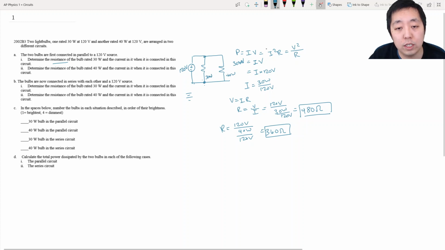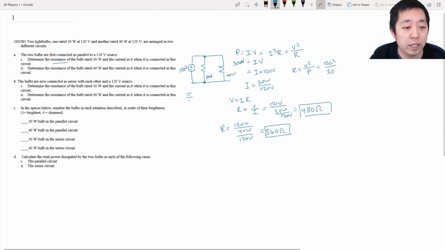Because I don't know the current initially in the problem, you could just say R is equal to V squared over P, because I know the voltage across the resistor. So it's 120 squared over 30 or 40, which is the same calculation we did before.